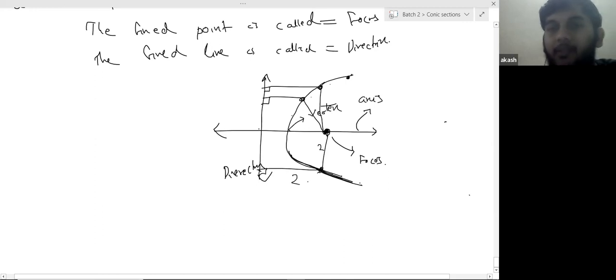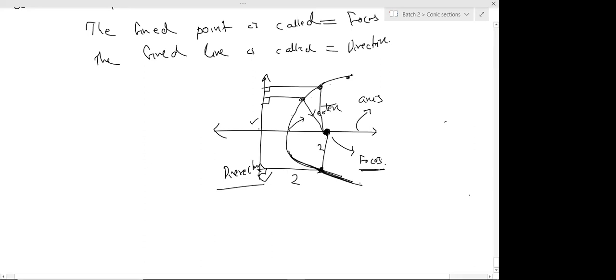This is the definition of a parabola. Equidistant from a point and a fixed line. That fixed line is called the directrix. That fixed point is called the focus. Is it absolutely clear? Mazia, Atif, Khalid? Yes, sir.